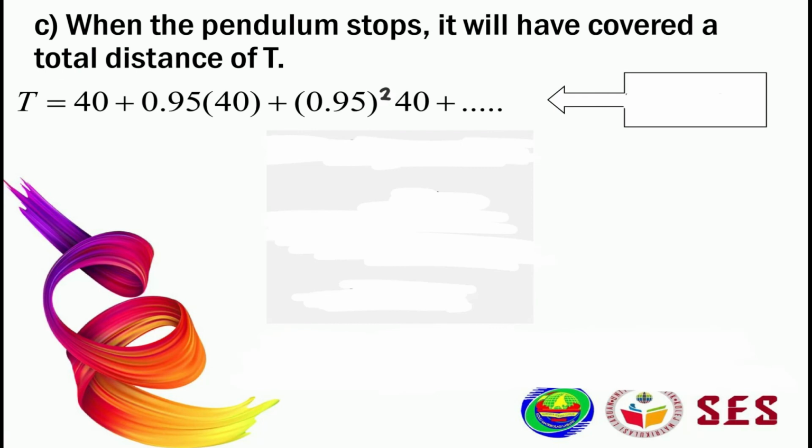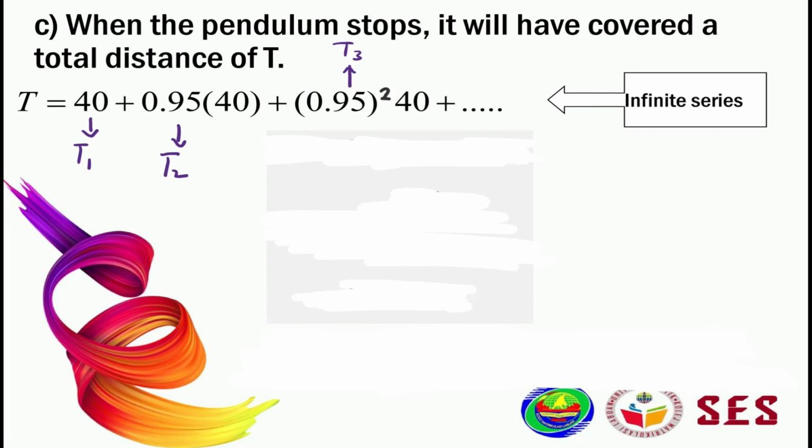For the last question, when the pendulum stops, it will have covered a total distance. So from the distance, we know it will form an infinite series.